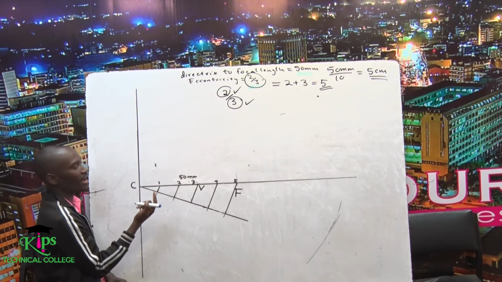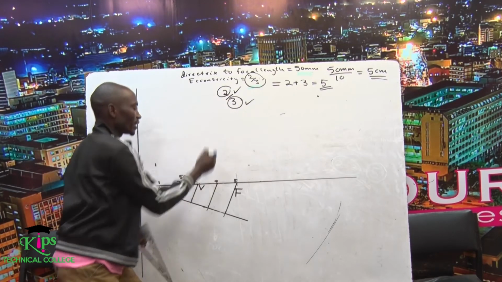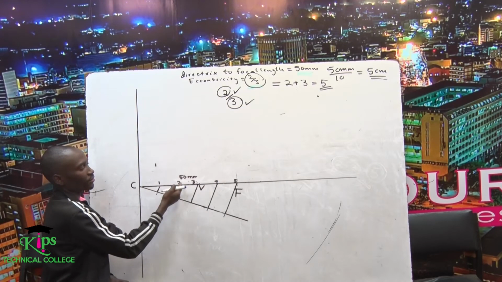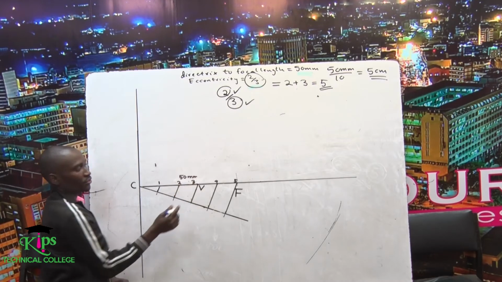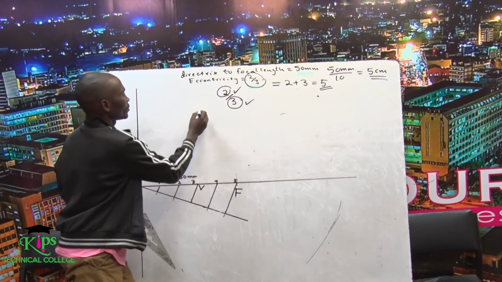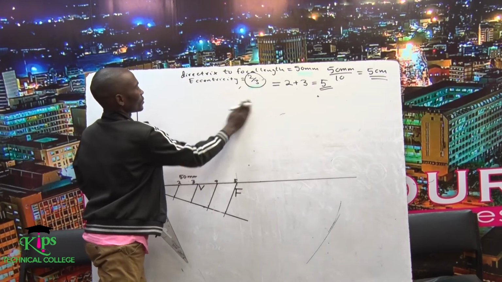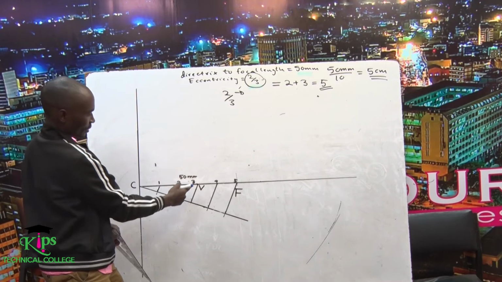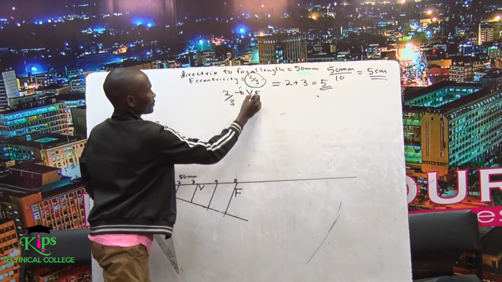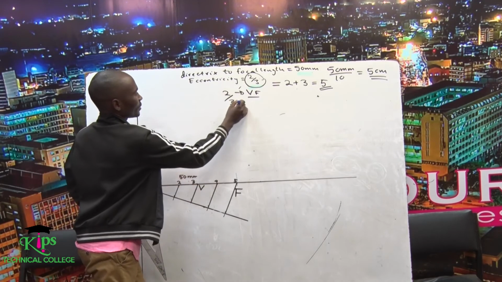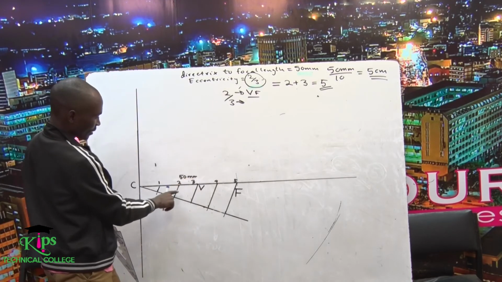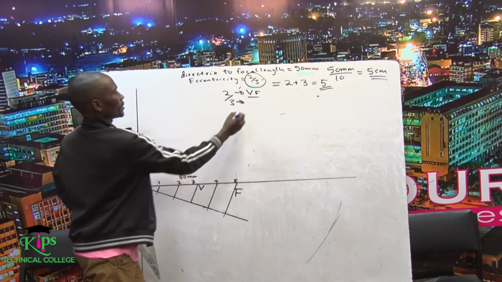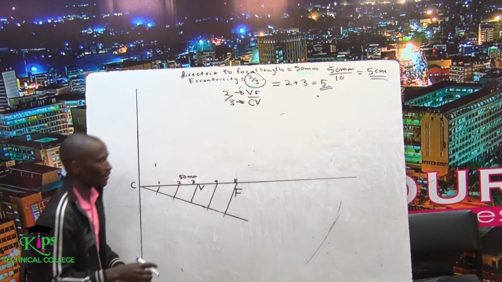So you can see now we have the ratio of 2:3, whereby we have 1, 2, then 1, 2, 3. So it is in this ratio 2 all over 3. 2 represents VF all over, then 3 represents the distance between C and V, like that.